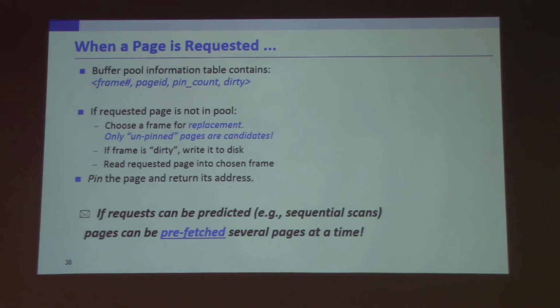What about pin count? Pin count denotes how many active processes inside the DBMS are currently using this buffer frame, are currently using this page. And this is critical because if pin count is not equal to 0, whatever value it is, 2 or 3, that means there are some active processes still using this page, and you cannot kick out this page from the buffer because somebody is still using it.